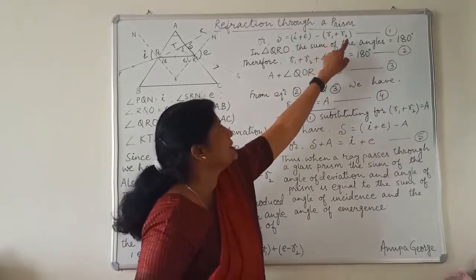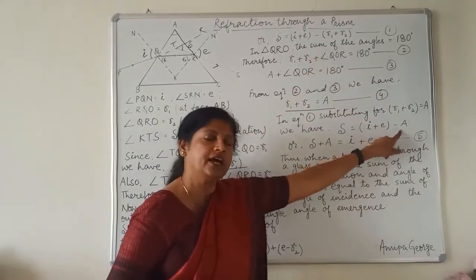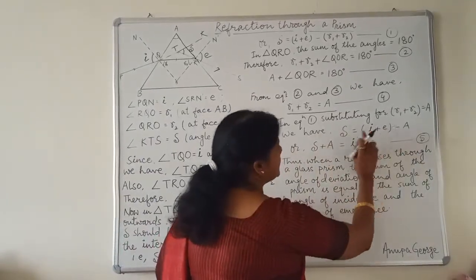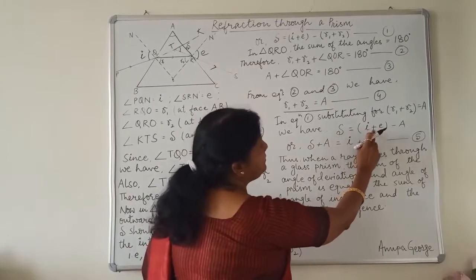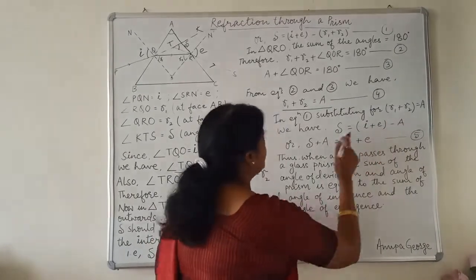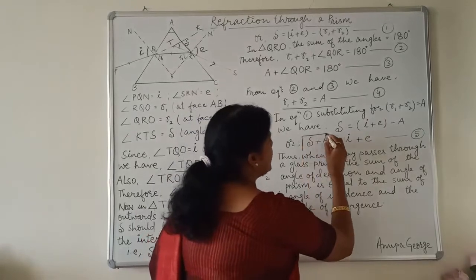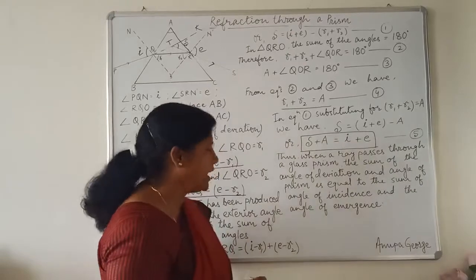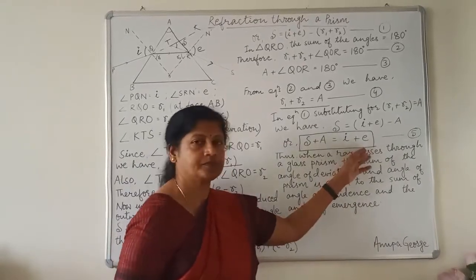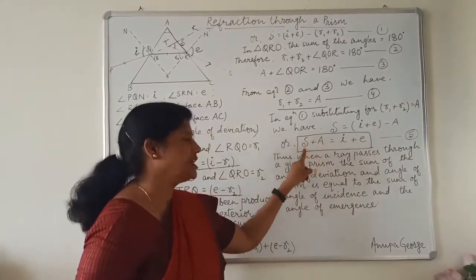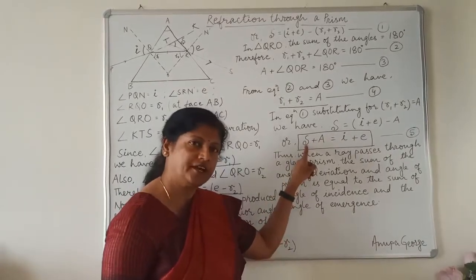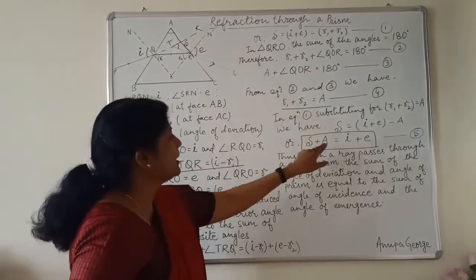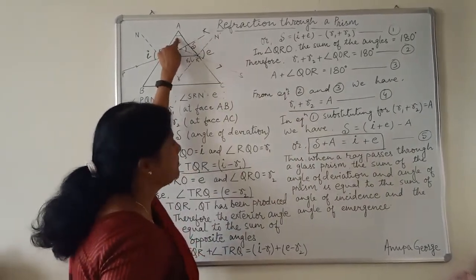For R1 plus R2 we can write A. So from this equation, del is equal to I plus E minus A, we can write del plus A is equal to I plus E. Here del is the angle of deviation, and A is the angle of prism.